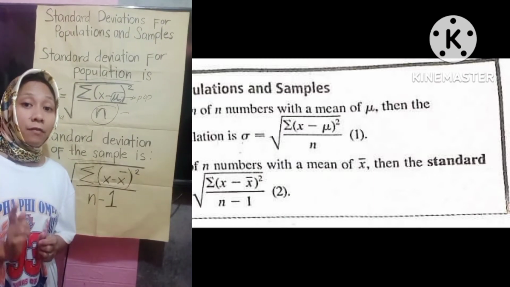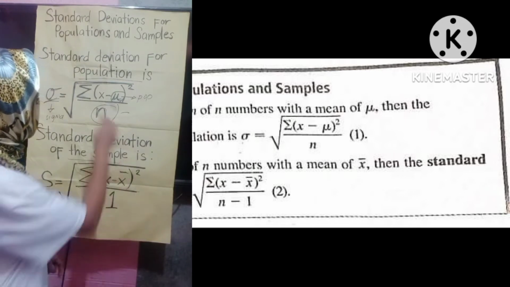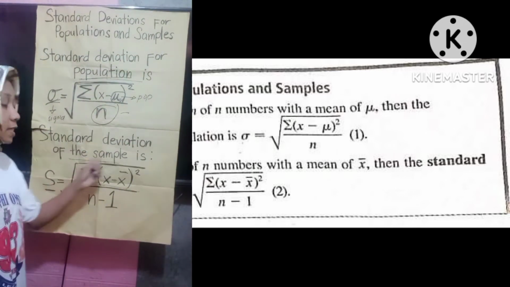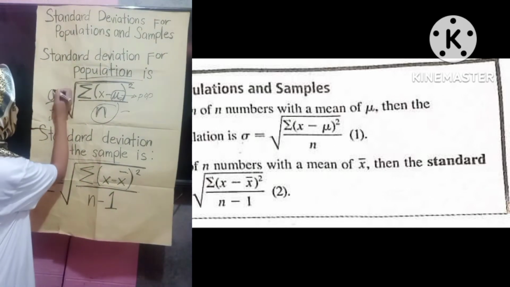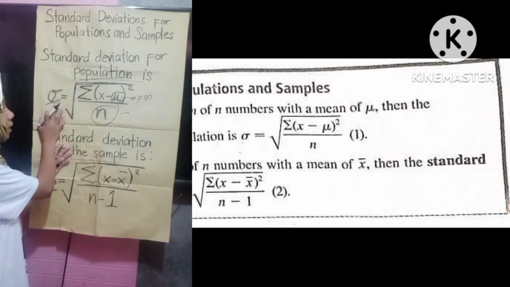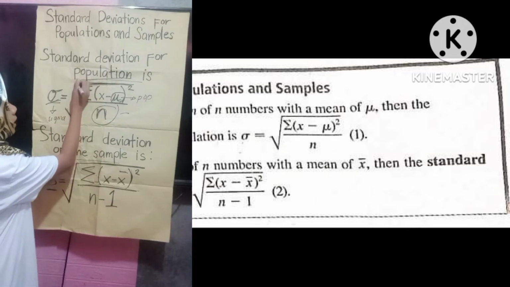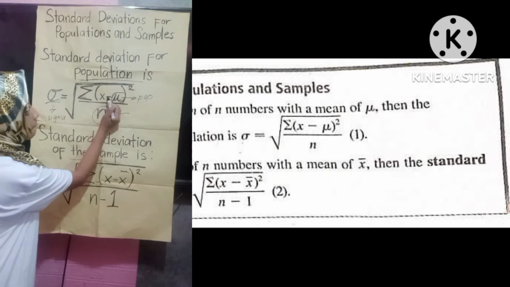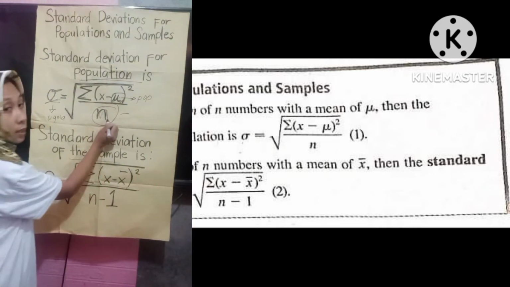In standard deviation, may dalawang ginagamit na formulas: the standard deviation of the population and the standard deviation of the sample. So, sa standard deviation of population, this will use the Greek letter sigma. Sigma is equal to the square root of the summation of x minus mu raised to the power of 2 over n.